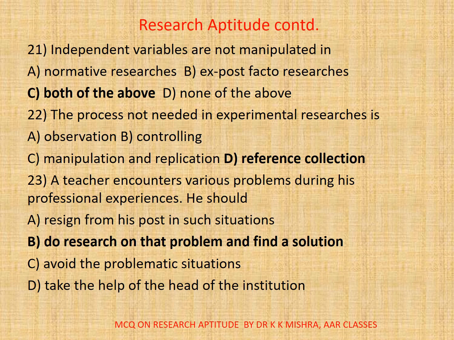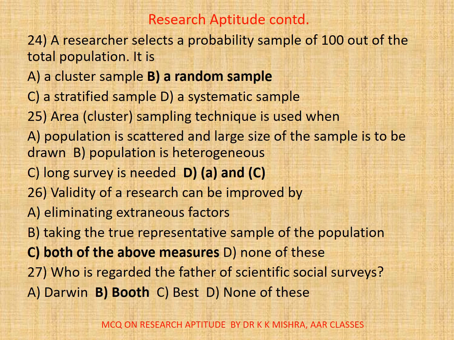He should A. Resign from his post in such situations, B. Do research on that problem and find a solution, C. Avoid the problematic situations, D. Take the help of the head of the institution. The correct option is B.